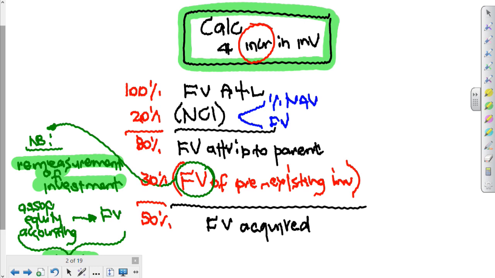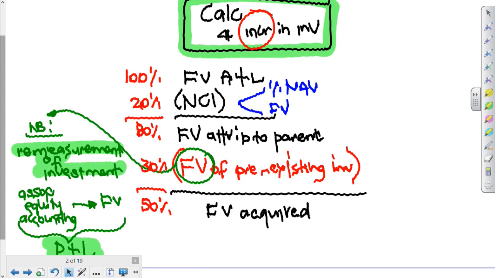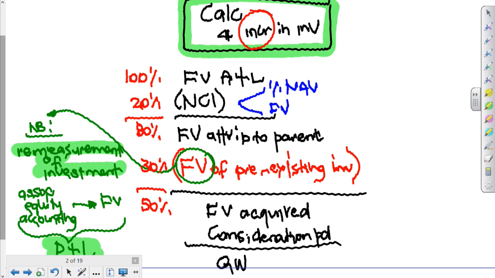Then the difference between what I acquired now and the consideration paid gives me goodwill or bargain, depending which way it goes. Do you agree? Goodwill or bargain. Goodwill if I paid more, bargain if I paid less.